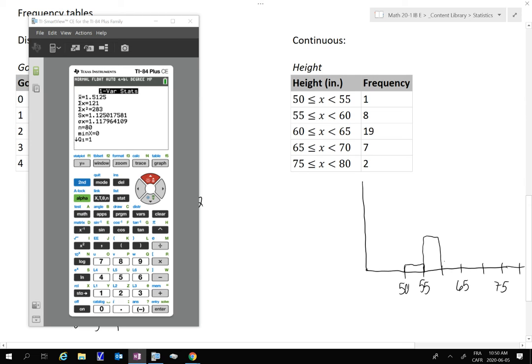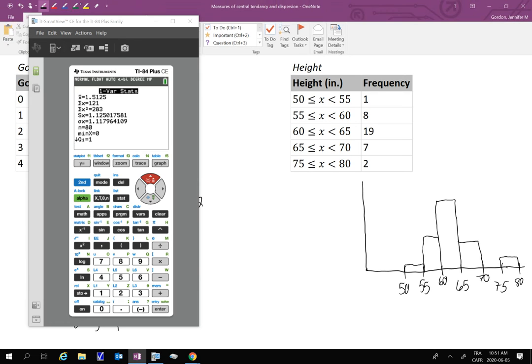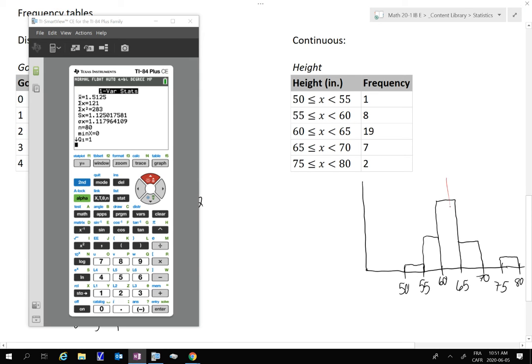And then 8, and then 19, and then 7, and then be careful because there's nothing between 70 and 75, and then 2 between 75 and 80. So this shows me I'm expecting the middle of this data to be somewhere in the 62, 63 range, and that this data is more grouped around the middle.